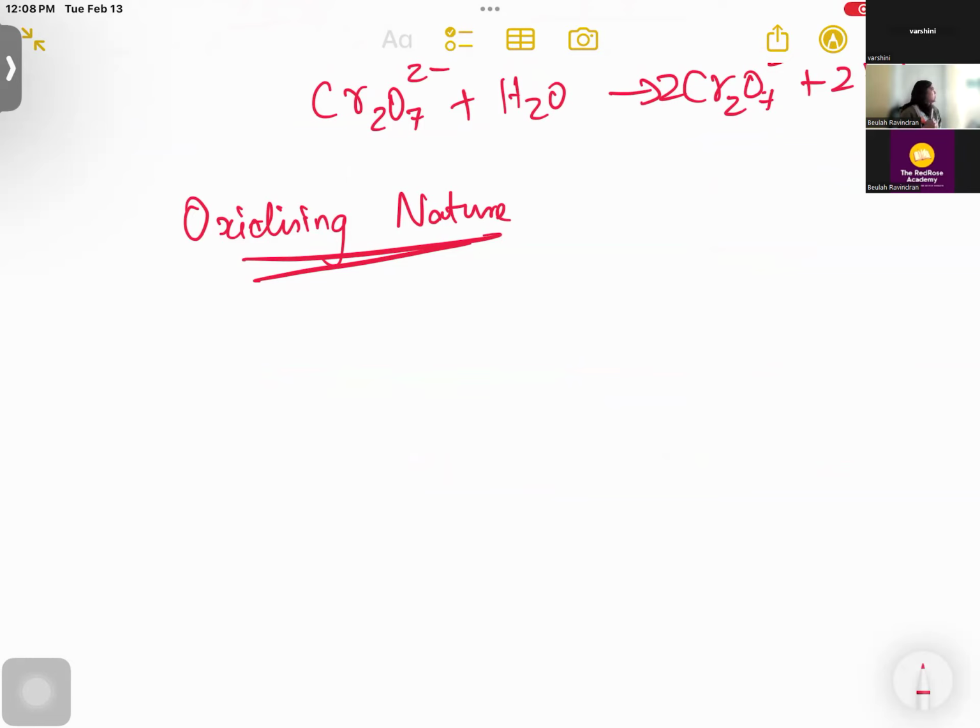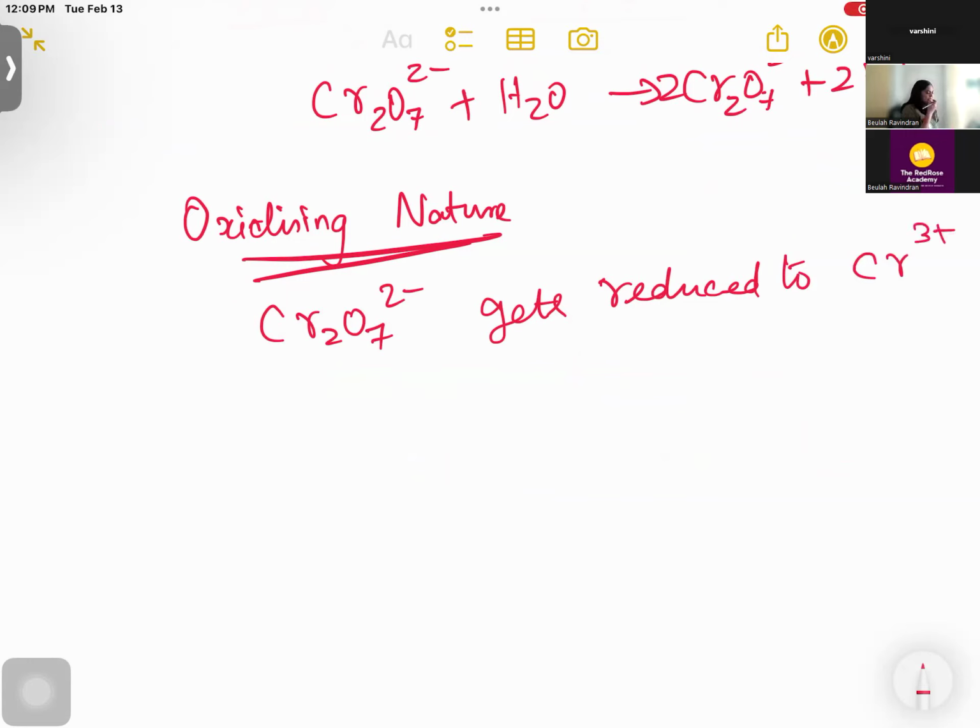That means it reduces, what is the meaning? Oxygen is removed from that. So how does it reduce? Cr2O7 2 minus gets reduced to Cr3 plus, right? That means the oxygen is removed from there.